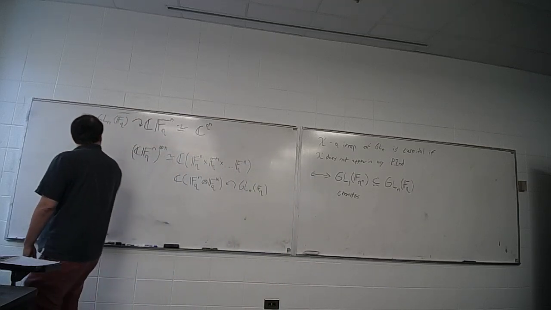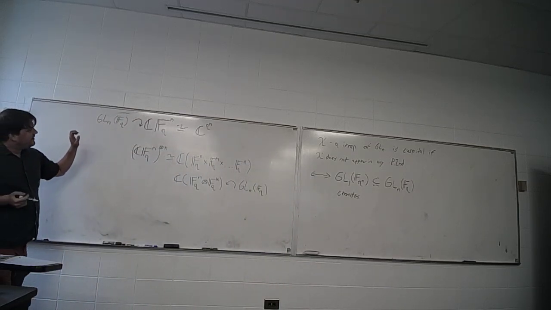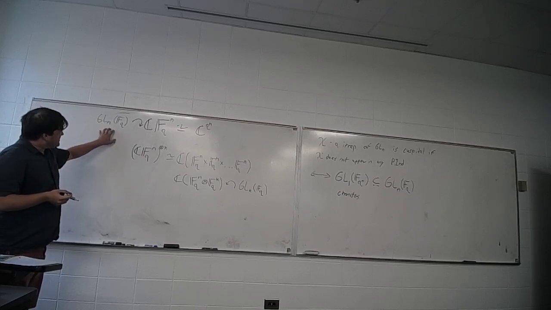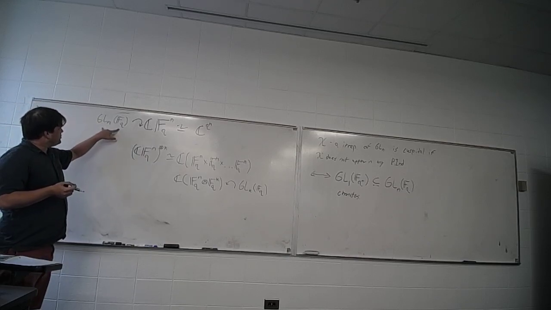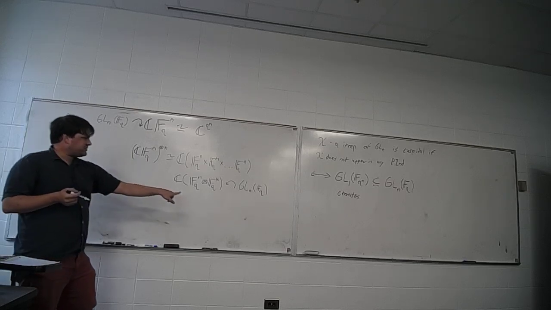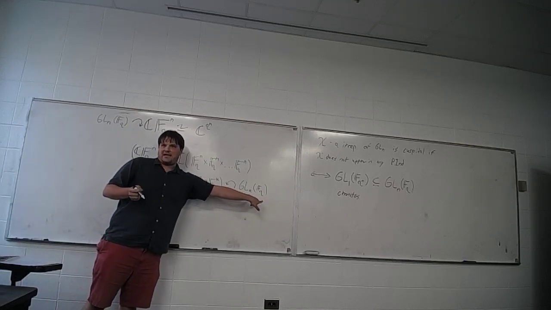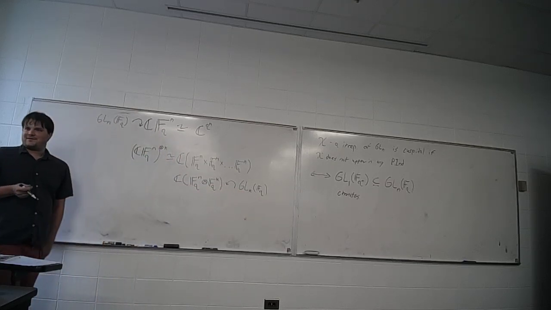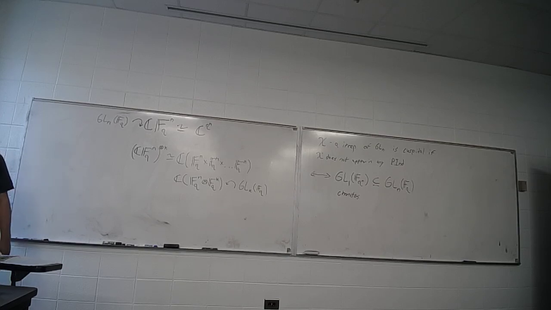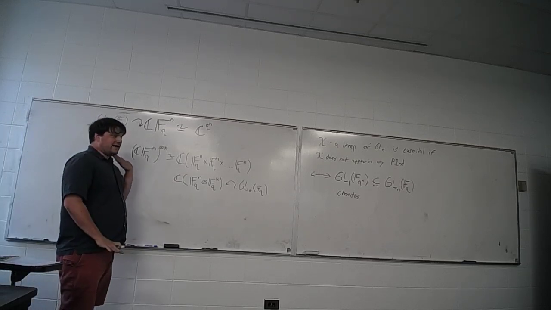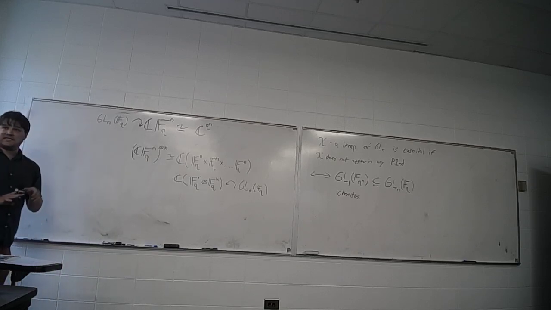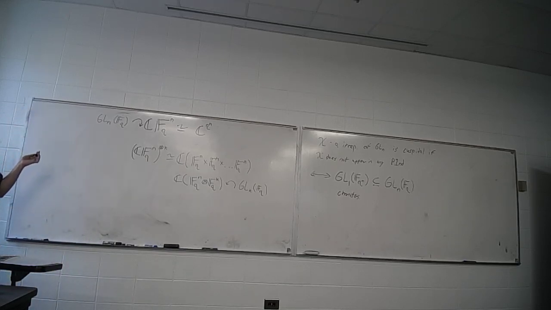So this tensor power of C[F_q^n] naturally carries a GL_k(F_q) action on it. All right, so at this point, this is not new.